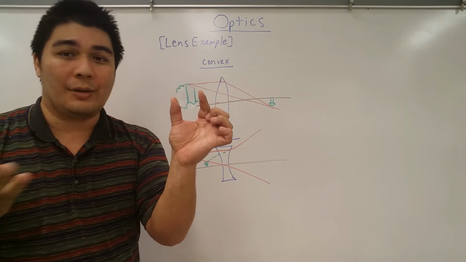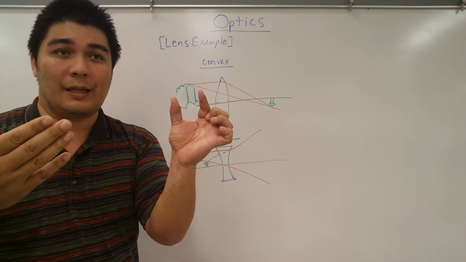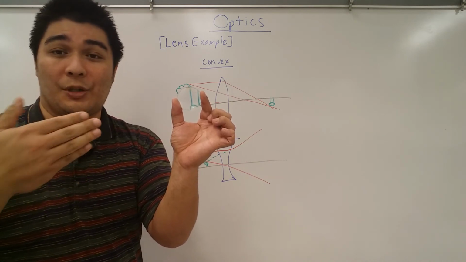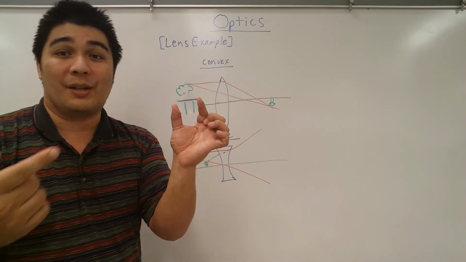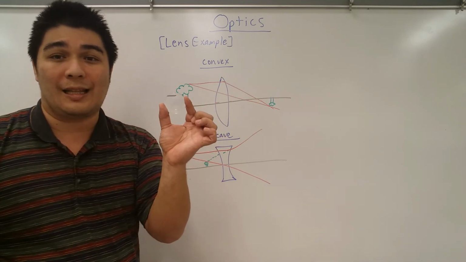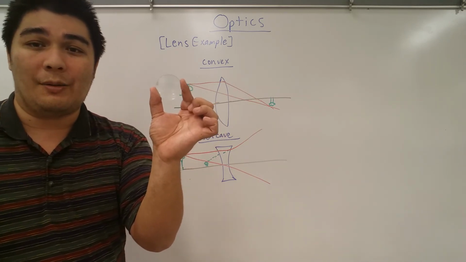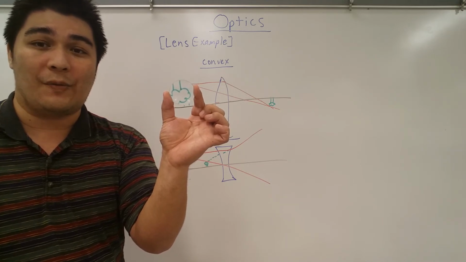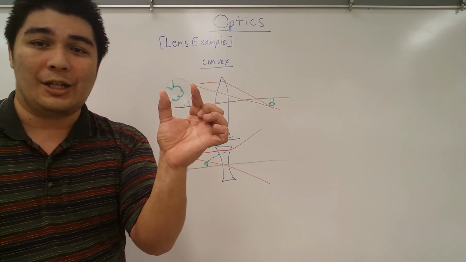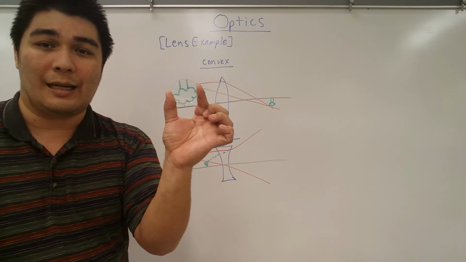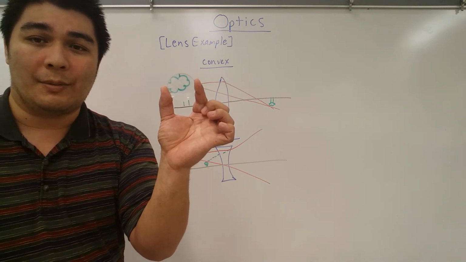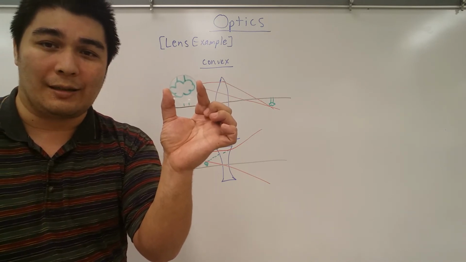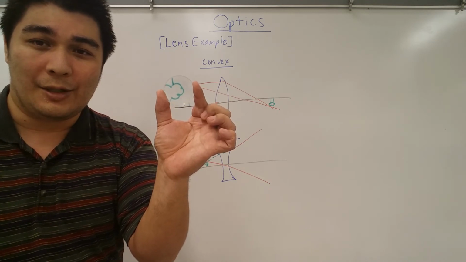Now, of course, how can you tell if it is projected? If I can project that onto a screen, I'd actually have to have a light source travel through it to actually see that example. But I want to point out one other thing. As you can see, this is a real image. It's inverted, and there's a magnification. However, as I bring it in, I want to make sure I keep myself on the image here.